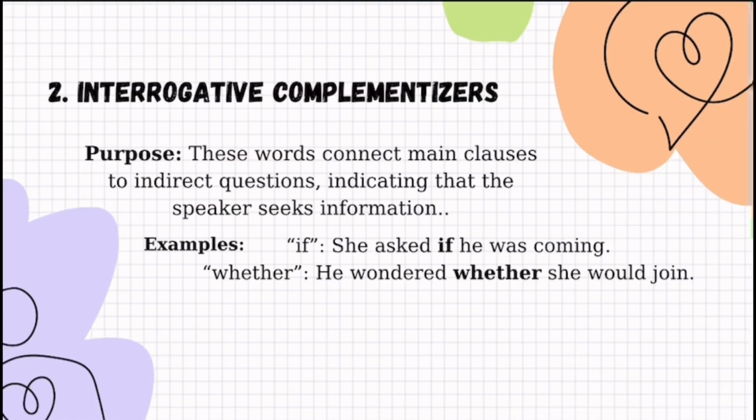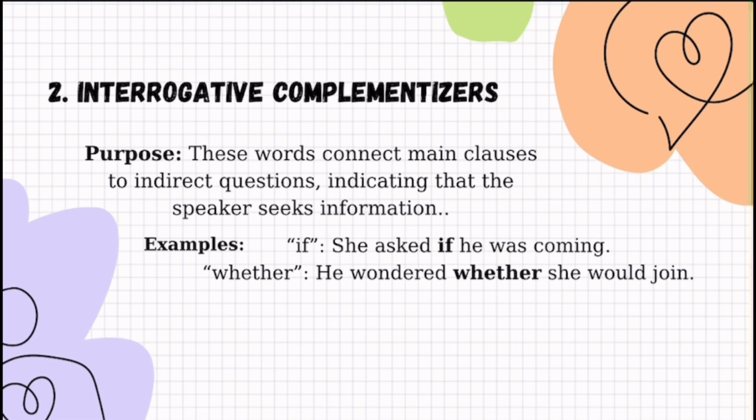The second type is interrogative complementizer. It introduces the question of the interrogative clause. They are often used in reported speech and embedded questions. The common interrogative complementizers are if and whether.